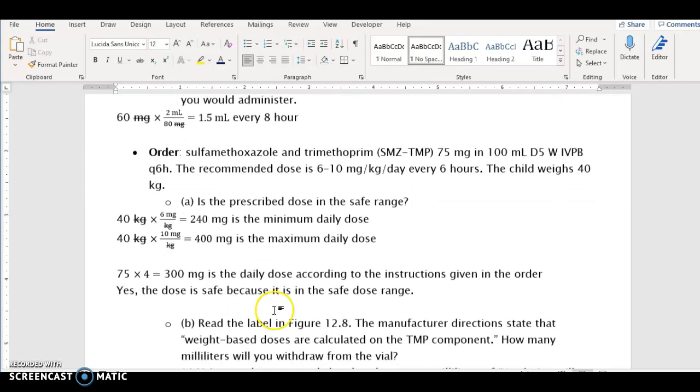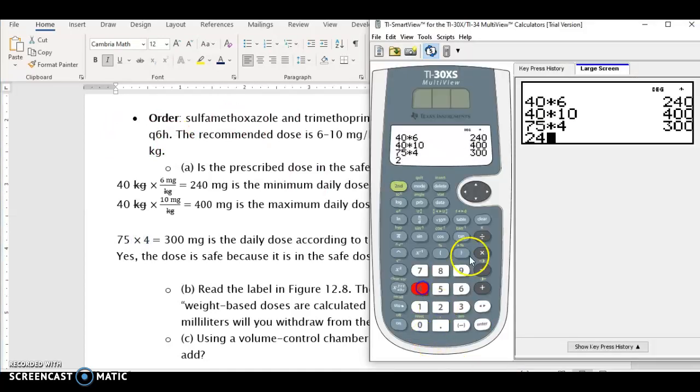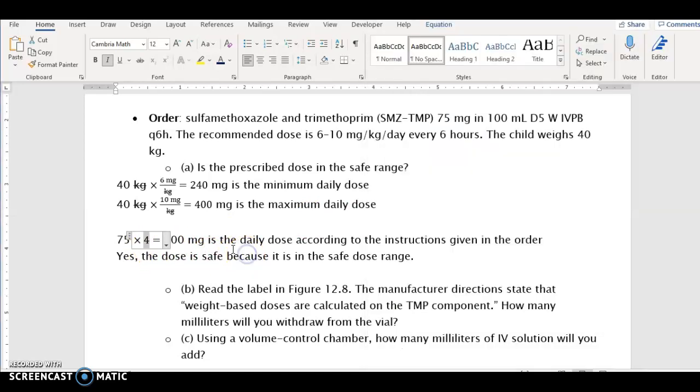And really quickly before I move on to the next part, how did I know to multiply by 4? Well, since it says every 6 hours, and there are 24 hours in one day, 24 divided by 6 is equal to 4, and that's how I knew to multiply by 4 to get the amount the patient will receive in 24 hours.